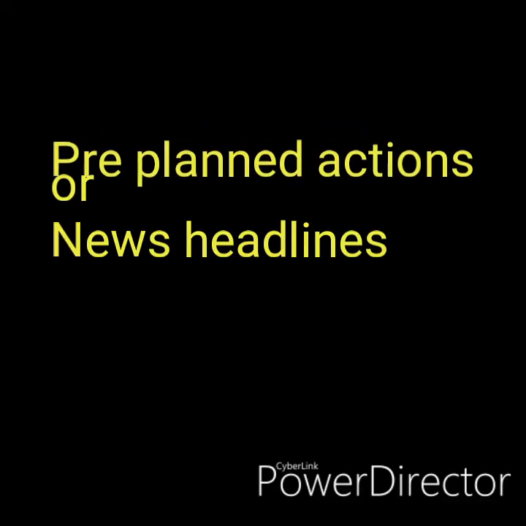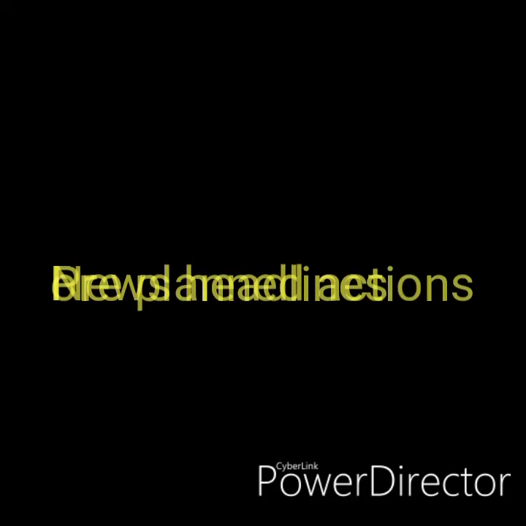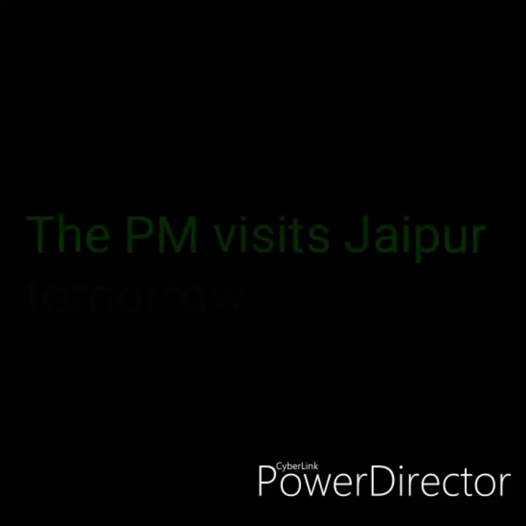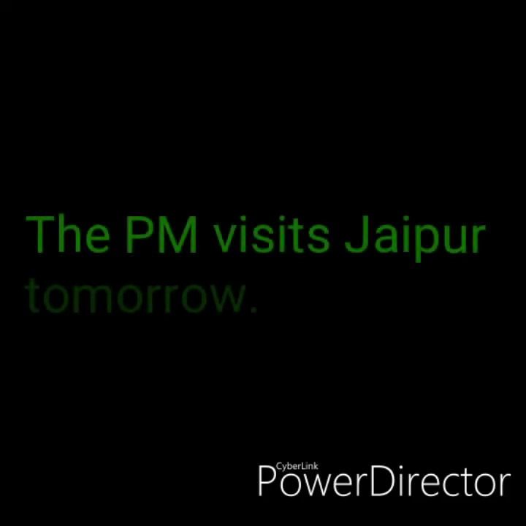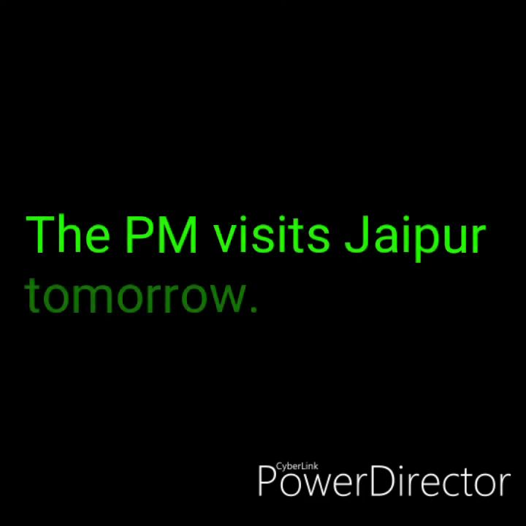Pre-planned actions means the actions which are going to happen in future, but the schedule is fixed in present time. For example, the PM visits Jaipur tomorrow. The action is going to happen in future, but it has been scheduled today or before the action is going to take place.